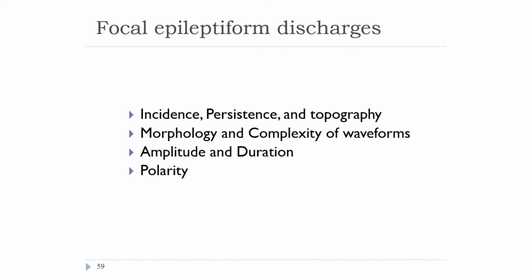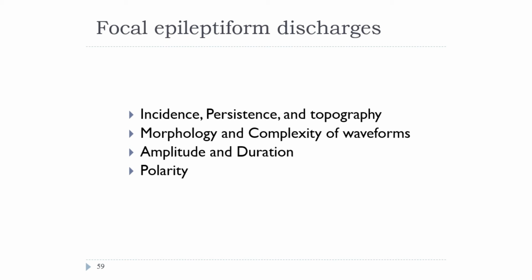So how do we judge the focal epileptiform discharges as abnormal? It is not difficult as long as we check these parameters: incidence, persistence, and topography. If consistently and repeatedly on a given focal area.